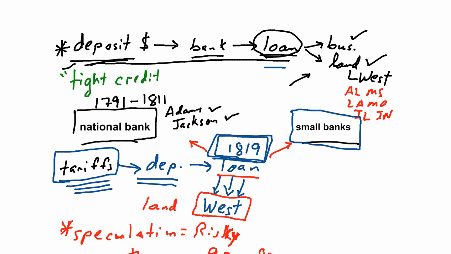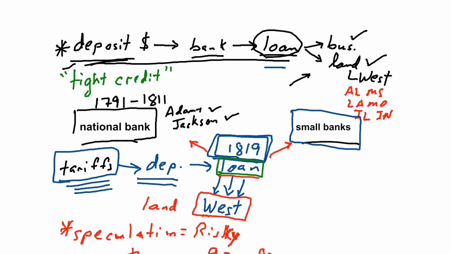And know what that means. That means that they will not issue credit or issue these loans very easily. It's tight. They want to make sure that you're not going to waste the money.